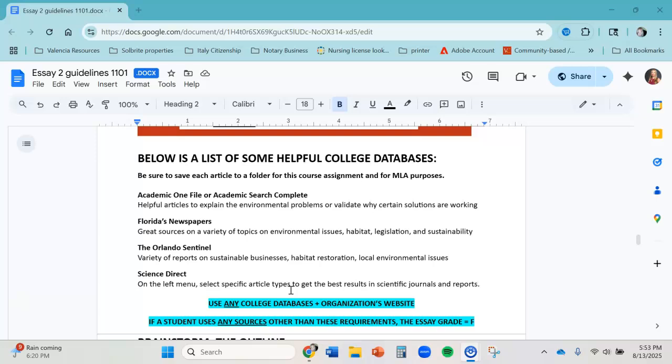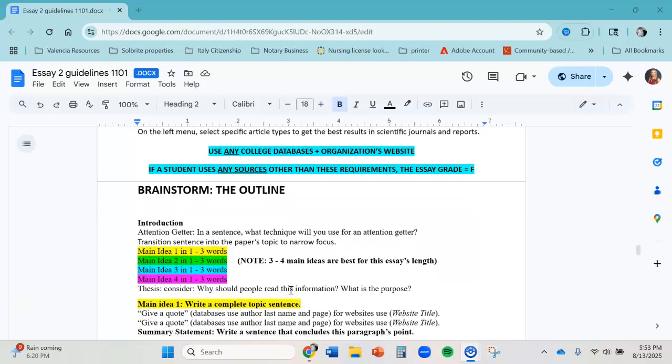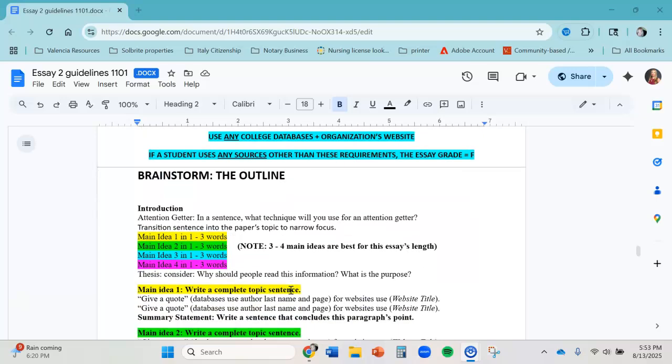What's going on in the environment? It's these kinds of database articles that will shed some more light on the problems that your agency, organization, or business addresses. We then take that information from a matrix chart and plot it into an outline.